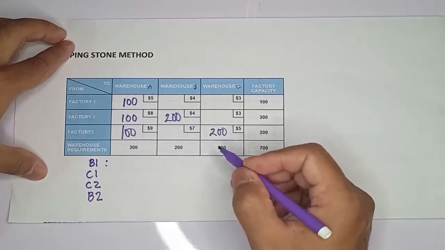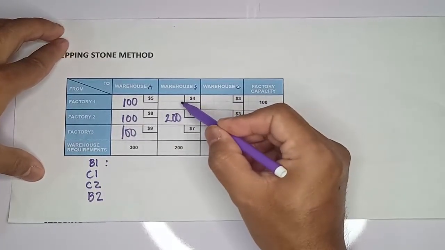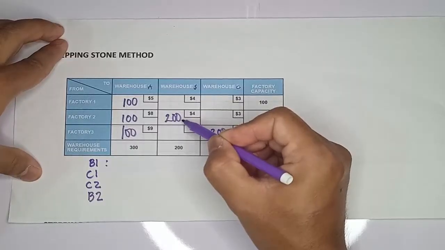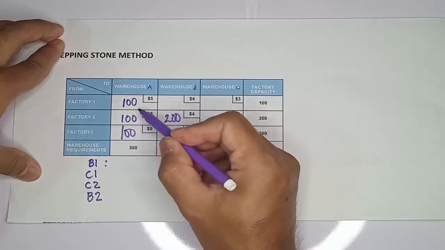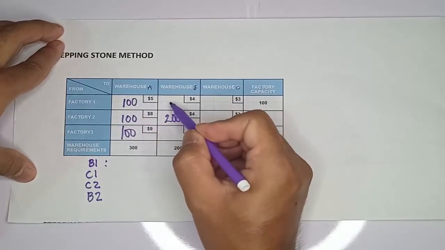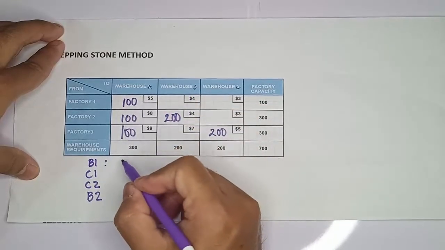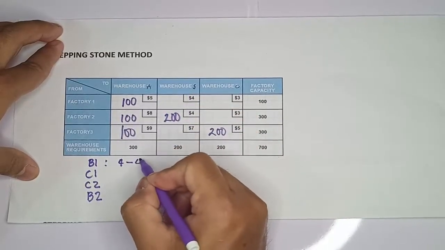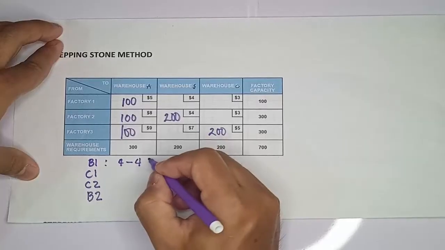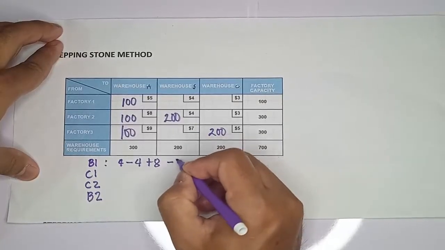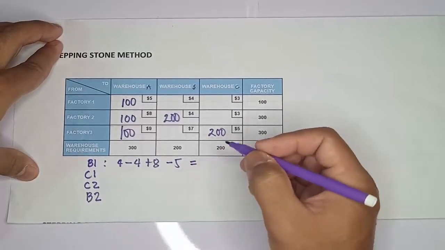The loop for B1 is B1 to B2 to A2 to A1. So that's 4 minus 4 plus 8 minus 5, which is equal to 3.